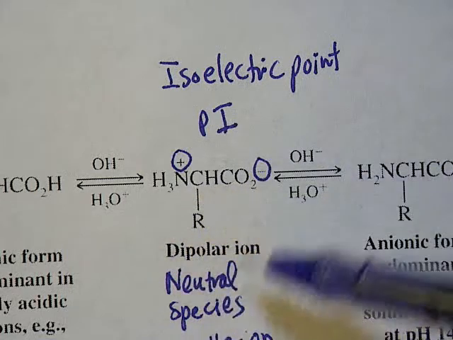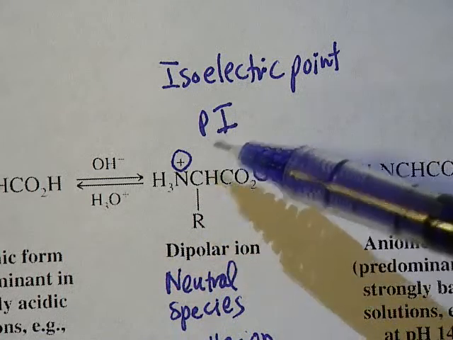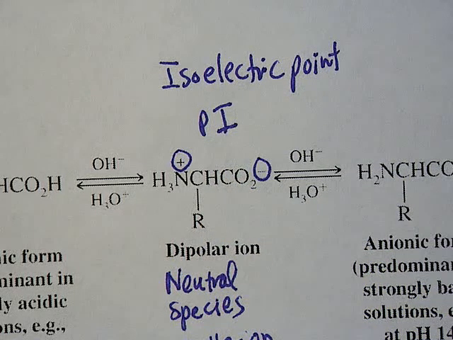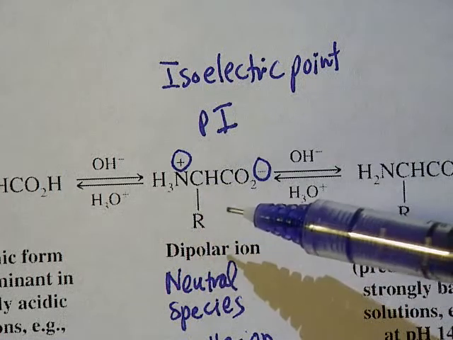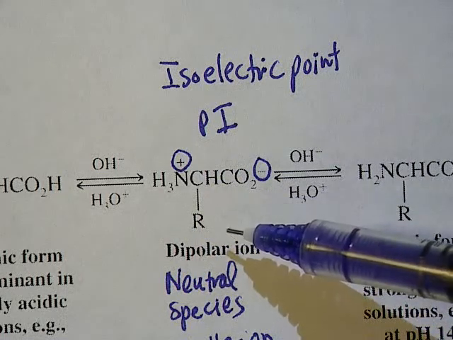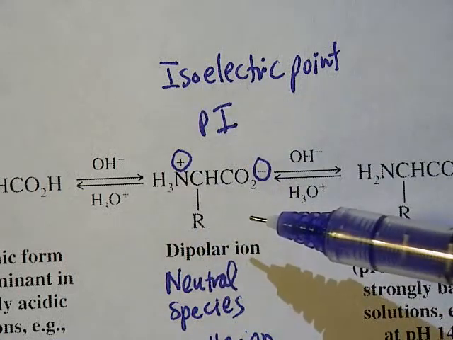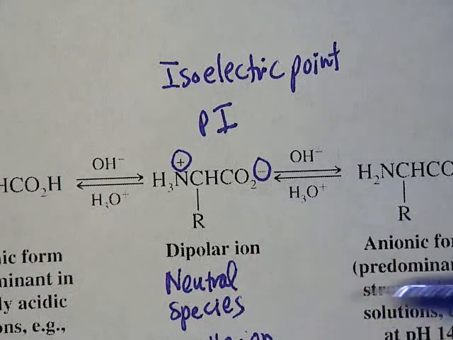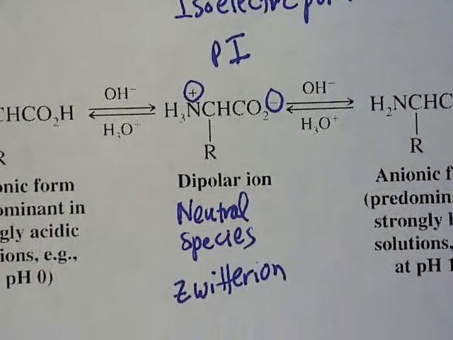Each amino acid having a different pI, you could think of it as its property, like a melting point is its property. And by the way, because it's a charged species, an amino acid readily dissolves in water, as an ionic species, and does not dissolve in organic solvents. It acts like a salt. In other words, it has a very high melting point as well.